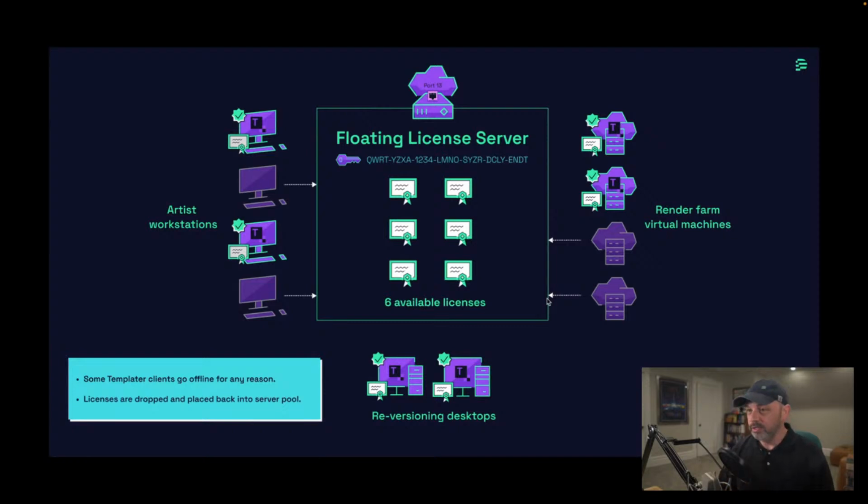If we continue on here, you can see that one of these machines came back up, and just by virtue of it turning on, After Effects starting and Templator loading, the server gets hit up, and the license gets leased to Templator.